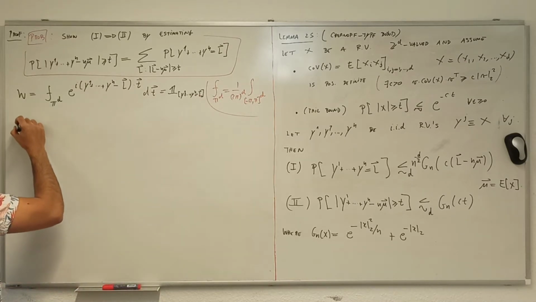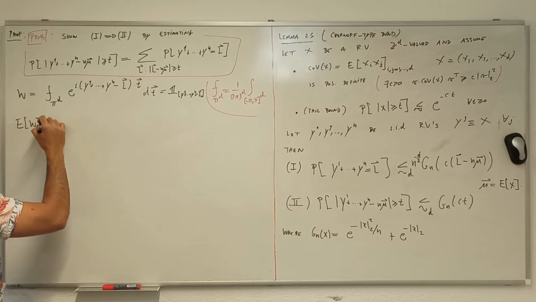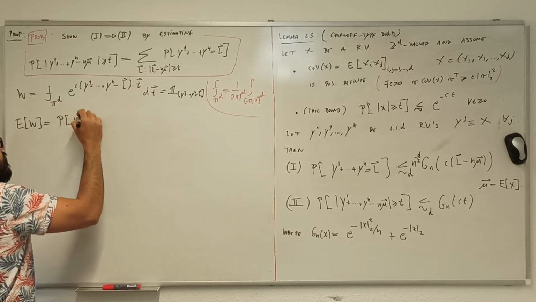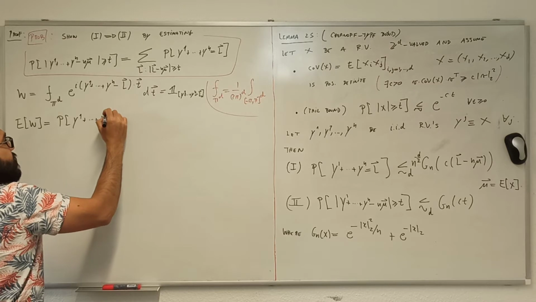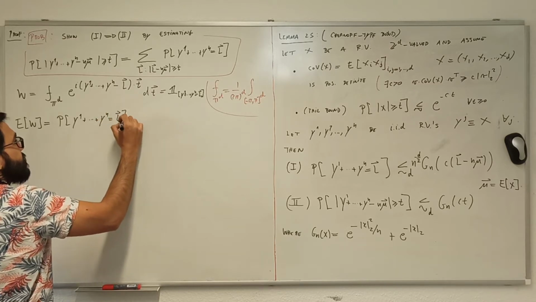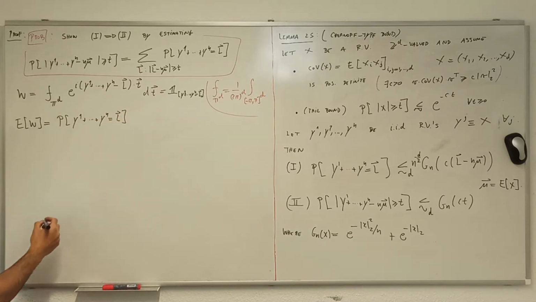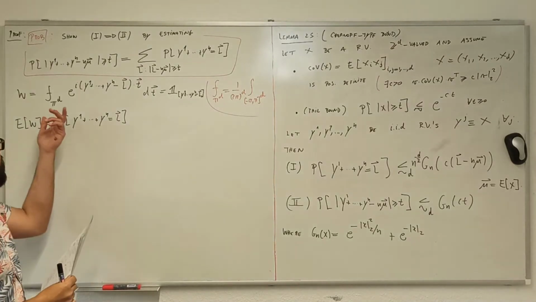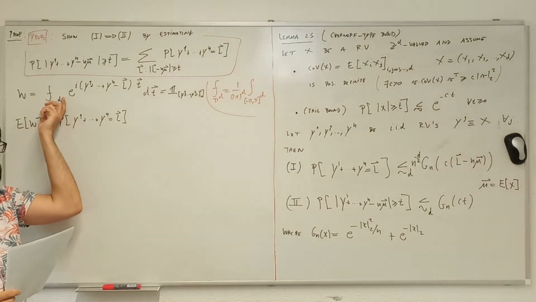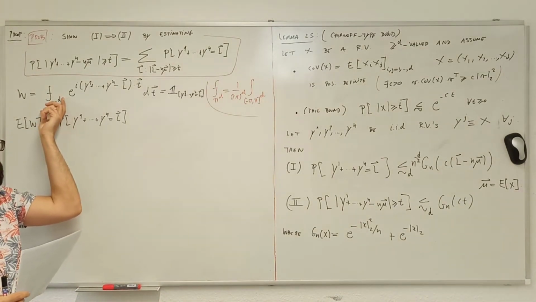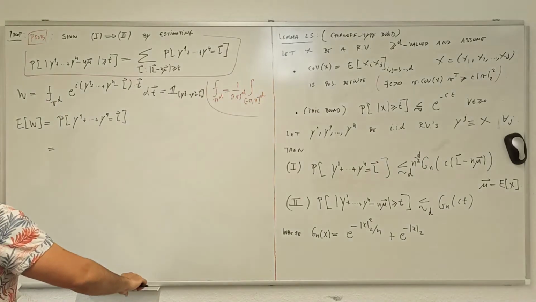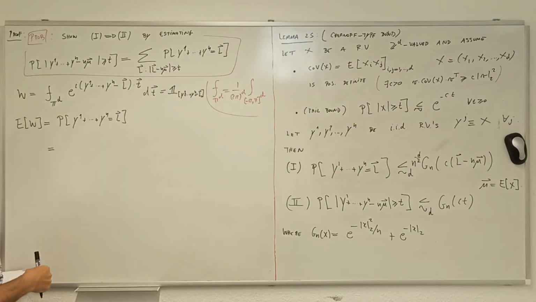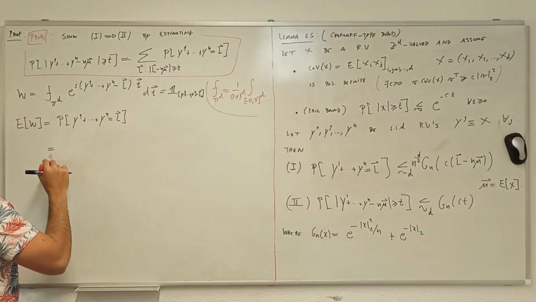Therefore, the expectation of W is exactly the probability that y1 plus ... plus yn equals L. And what is the expectation of W? Well, the expectation is linear, and the integral here can be seen as a continuous sum, let's say. So you can commute the integral, and we leave that as a problem.